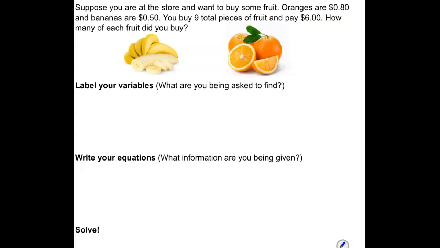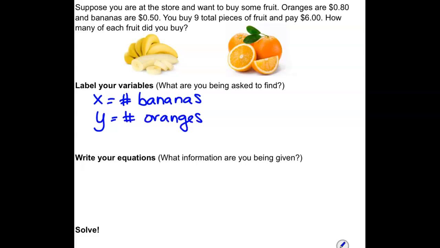So let's let x equal the number of bananas that we buy, and y can be the number of oranges. Then we have to set up a system of equations. Now, notice that there are two different totals.